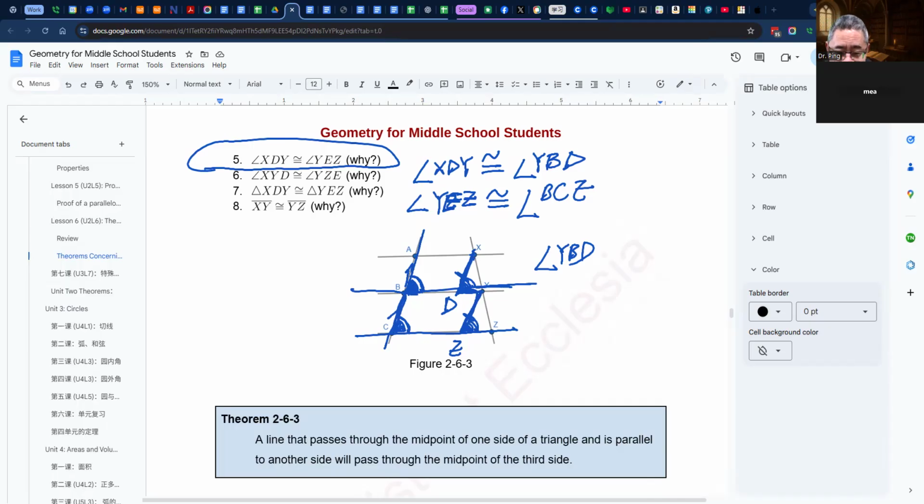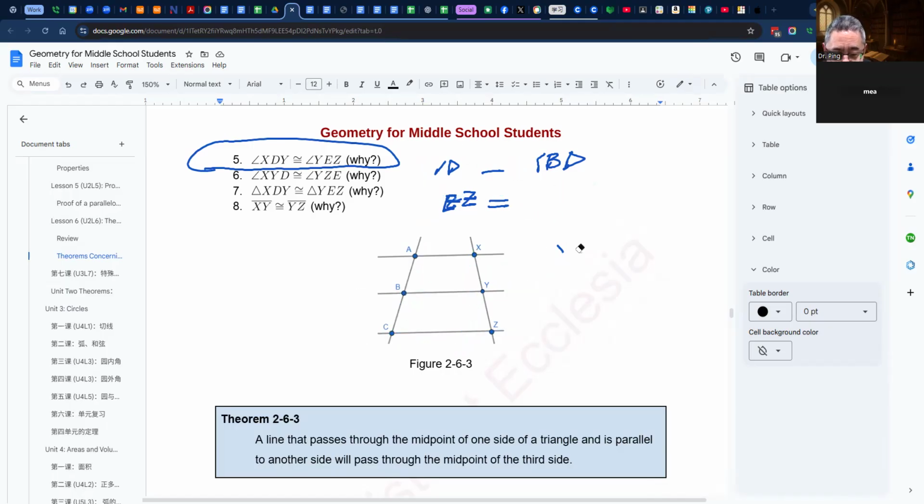All right, okay. So let's go back. What do we know so far? We know that this line is congruent to this line, and this angle is congruent to this angle. We just need to find one more angle. Well, one thing we know is that this angle is congruent to that angle.